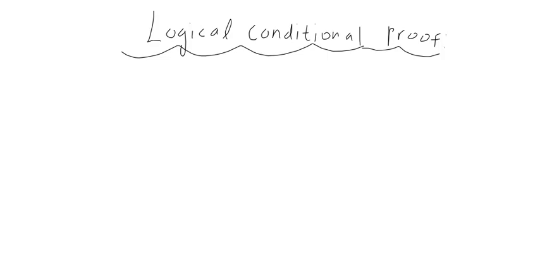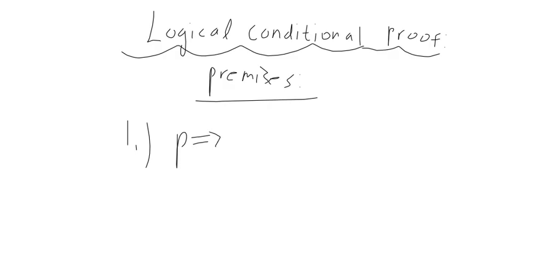Okay, so our premises will be the following. So one, we have statement P. P implies, in parentheses, Q implies R. That's the first premise.